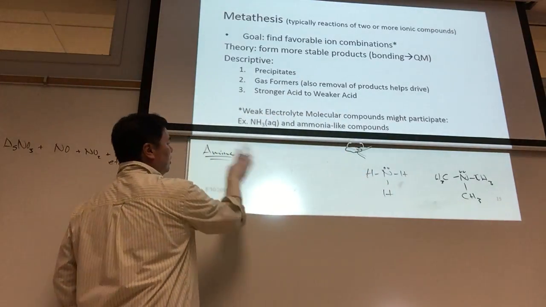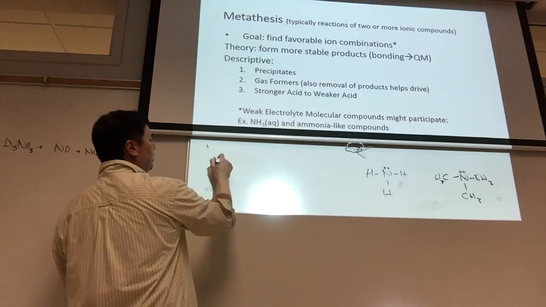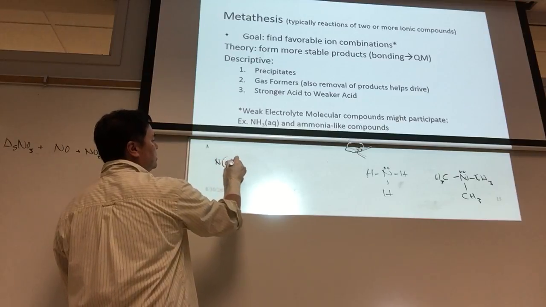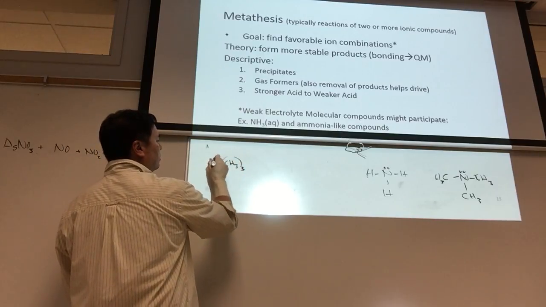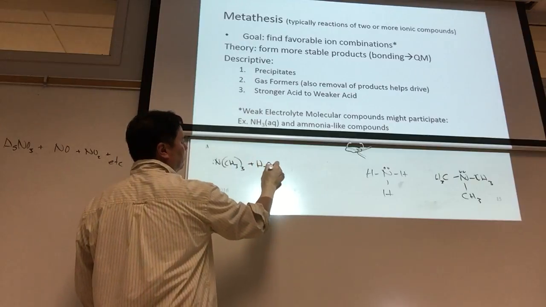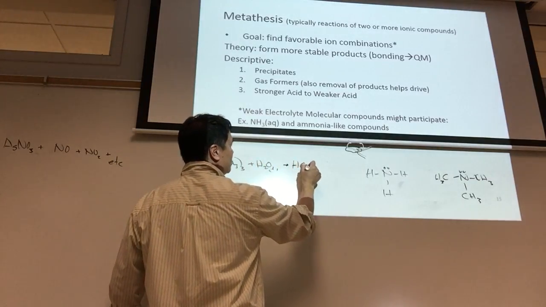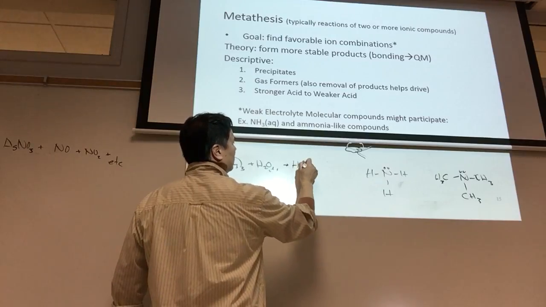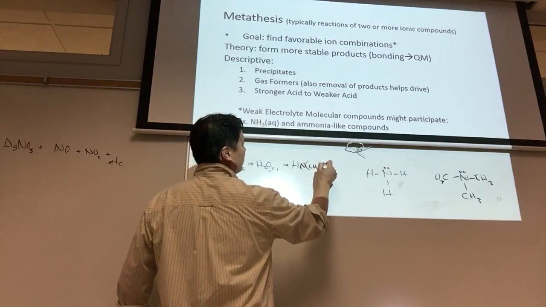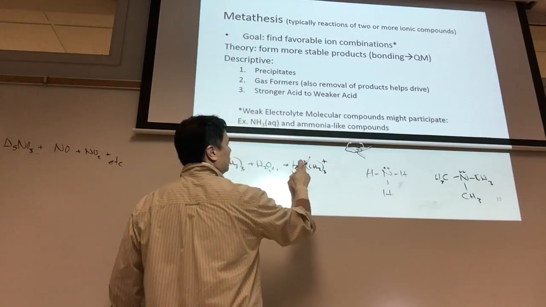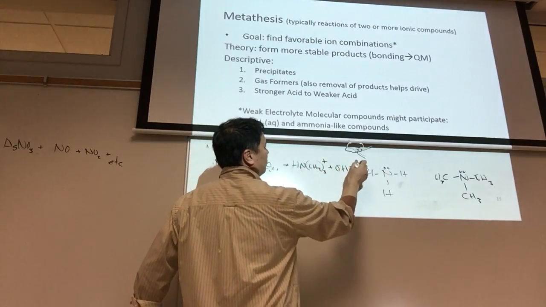And a trimethyl ammonium ion would look like this. If I have trimethylamine, I could write it something like this: N(CH3)3, plus water. This is going to form trimethyl ammonium, HN(CH3)3, which is going to have a positive charge here, plus hydroxide.